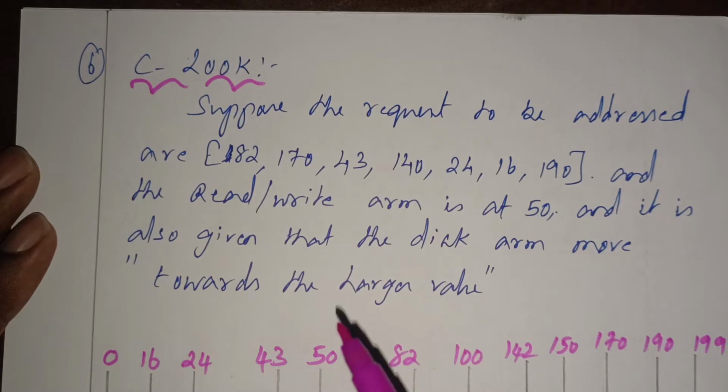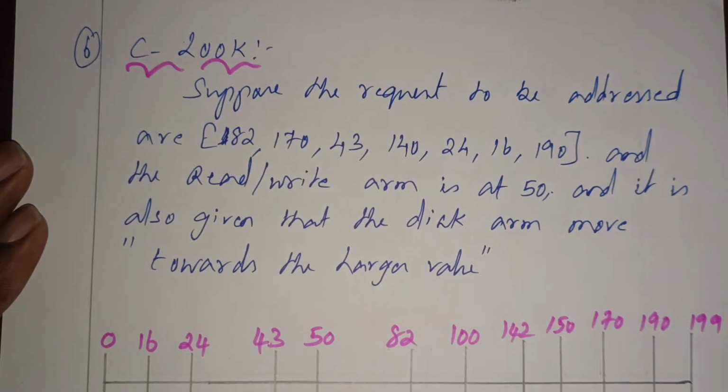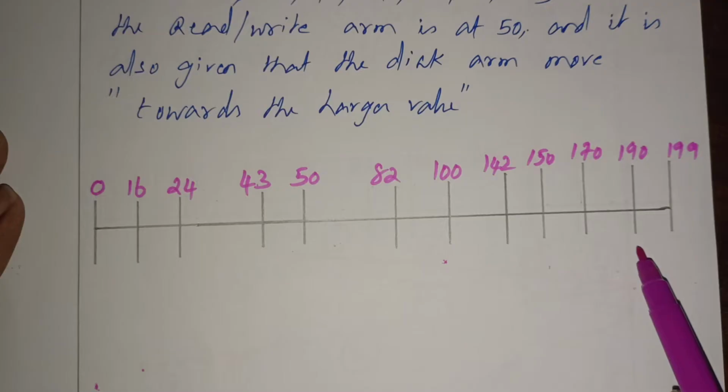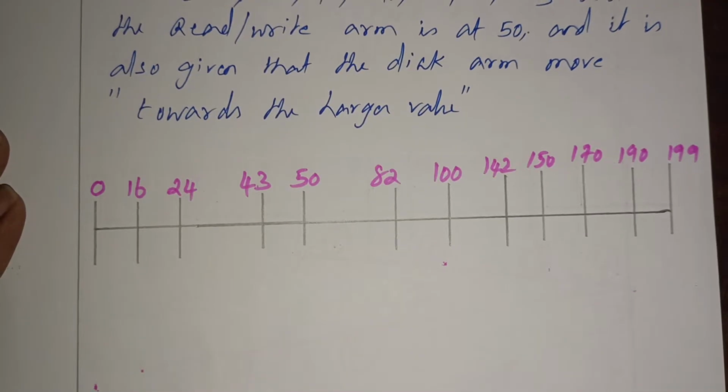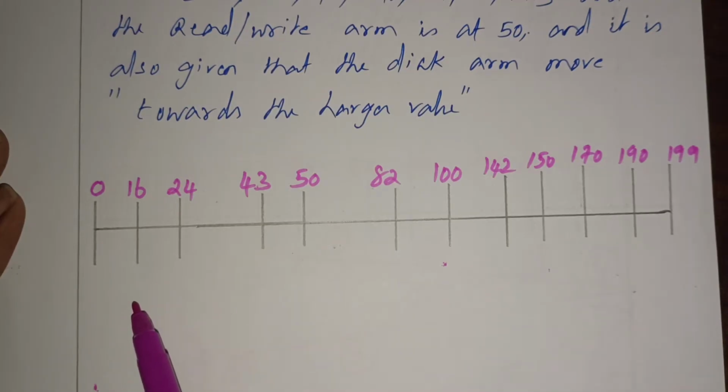This C-LOOK is very similar to the previous algorithm. Here the disk arm, in spite of going to the end, stops exactly at the last request. Say for example, it starts with 50 and it ends with 190. And then when it reverses back to the least values, it is not stopping and serving anywhere in the middle, and it will stop exactly at the last least value, that is 16, and from there it starts again and serves 24 and 43.